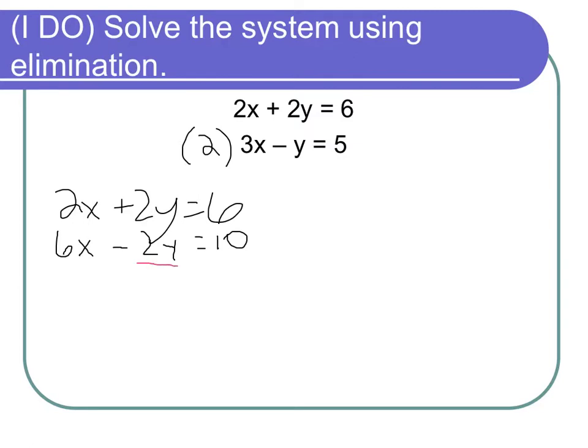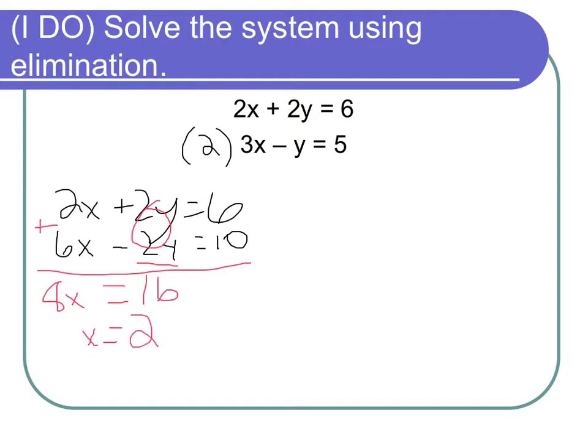I saw that if I multiplied the second equation by 2, this would become 2y and it would be easy to eliminate. So now if I add these together, I get 8x. 2y plus negative 2y becomes 0, so that's what I eliminated, is equal to 16. If I divide both sides by 8, I get x is equal to 2.